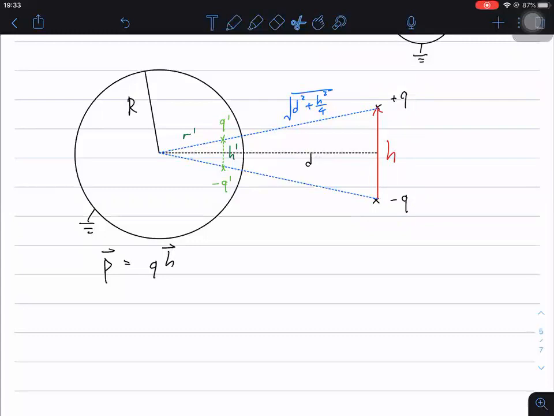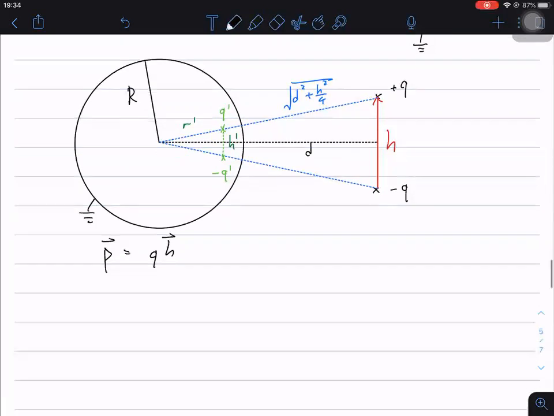So by the image charge method, we can put two image charges, Q prime and minus Q prime. In green, the image charge above is induced by the charge plus Q, and the image charge below, the minus Q prime, is induced by the charge minus Q.